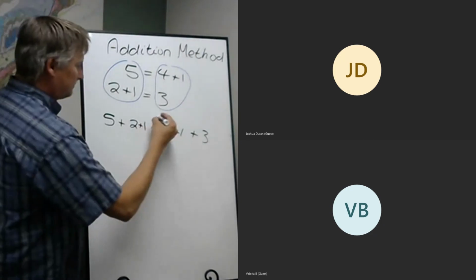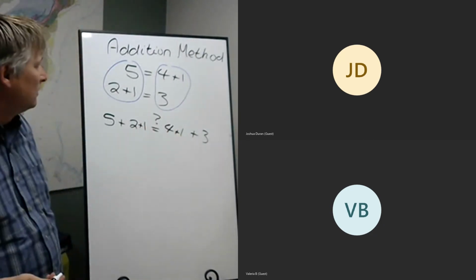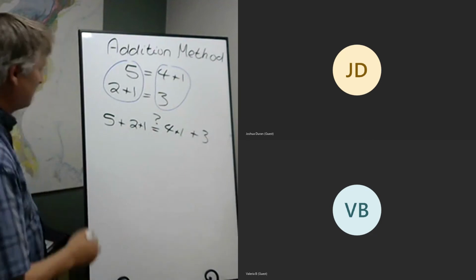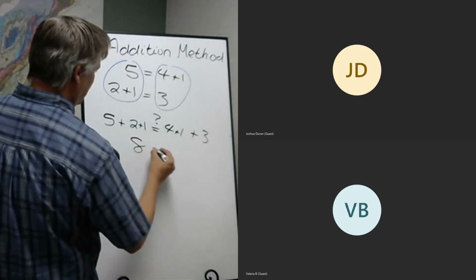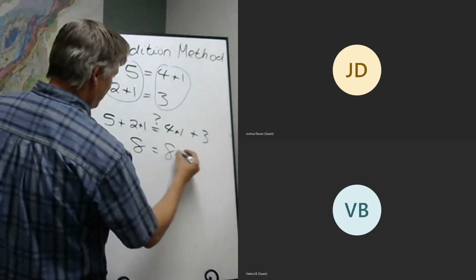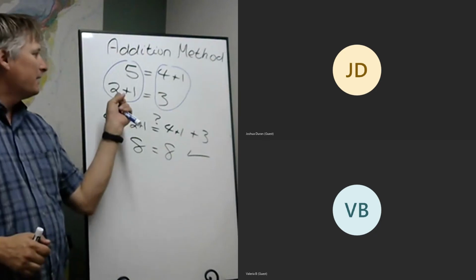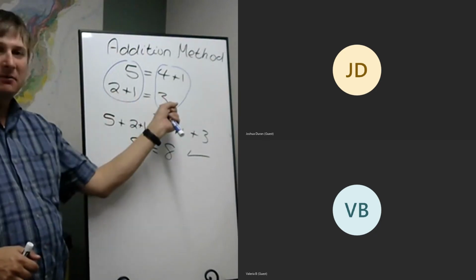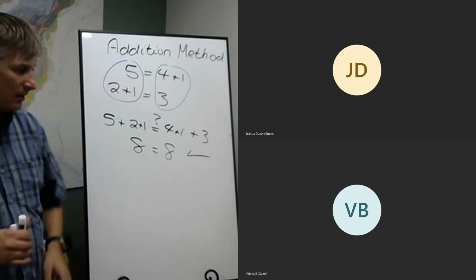Now, is this okay? Well, actually it is. 5 plus 2 plus 1 is 8. 4 plus 1 plus 3 is 8. So we can add the left sides, we can add the right sides, and we're still going to have equality.